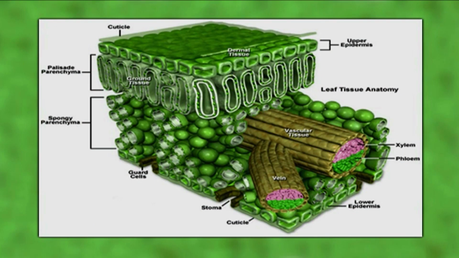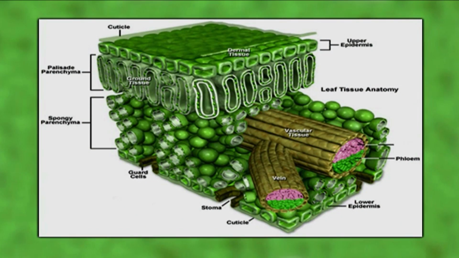Now, veins. Veins are the vascular tissue of the leaf and are located in the spongy layer of the mesophyll. The pattern of veins is called venation. The veins are made up of xylem, the vascular component that brings water and minerals from the roots to the leaf, and phloem.